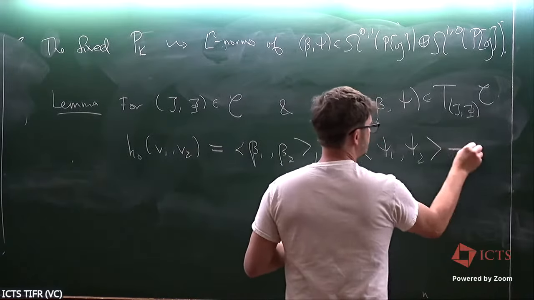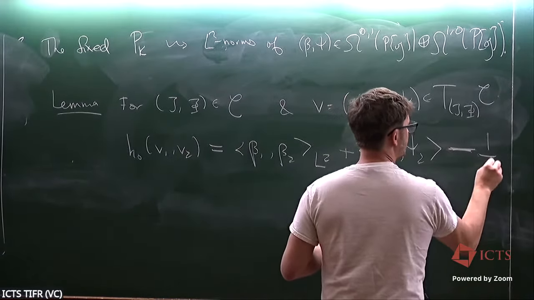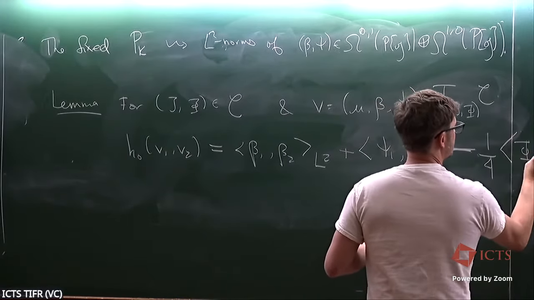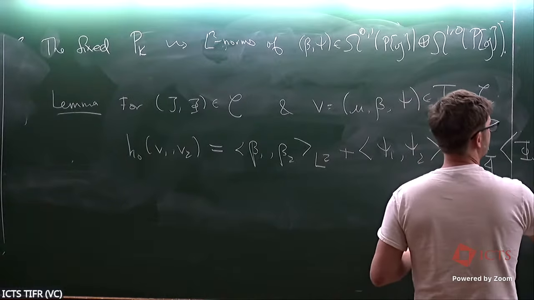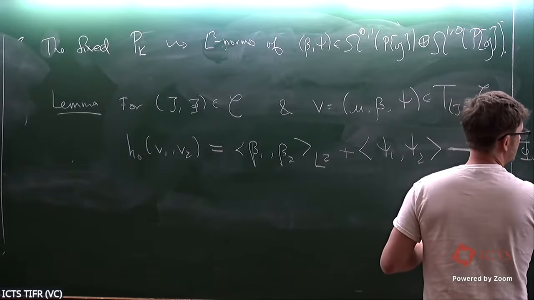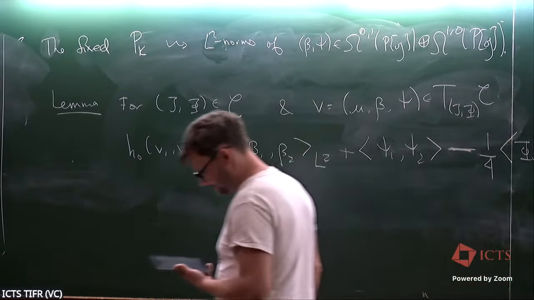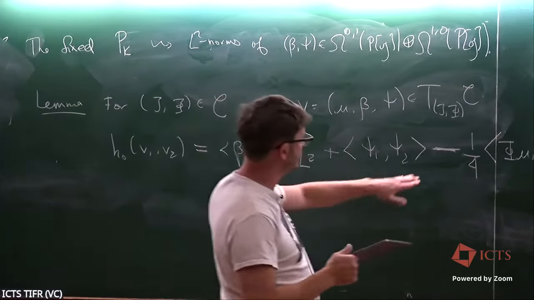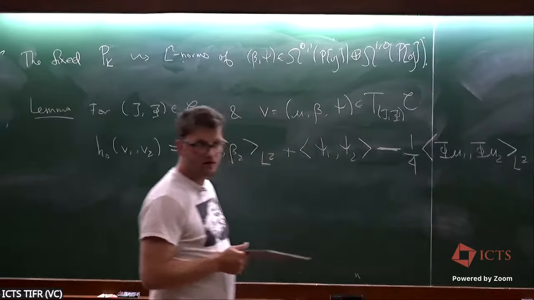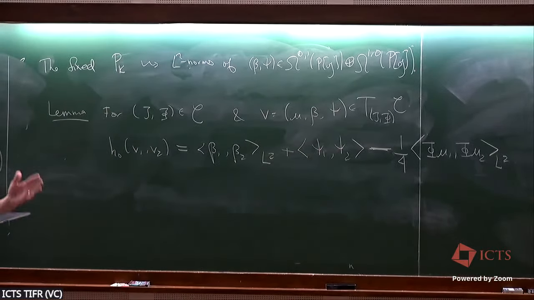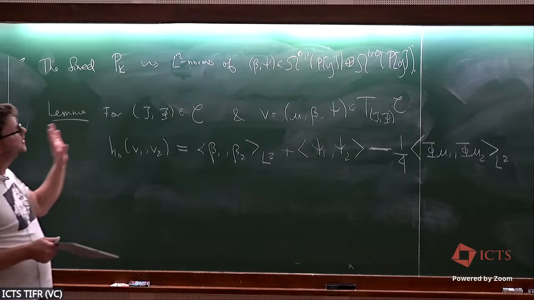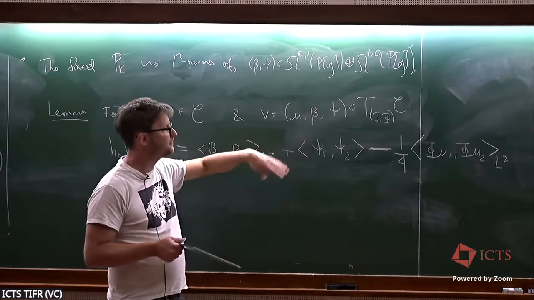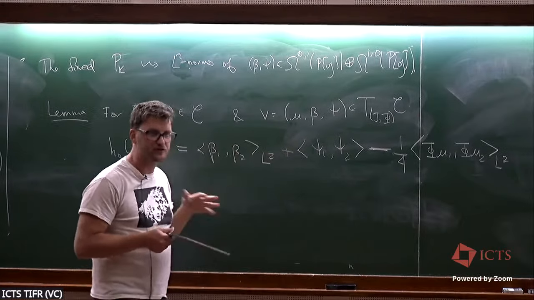And now here's the important minus sign. There's a minus 1/4 because of the 1 over 2i by mu 1 by mu 2 L2 inner product. Okay, so in particular, this negative sign here is the reason for these negative directions coming from deforming the complex structure, or negative tangent directions in the metric.